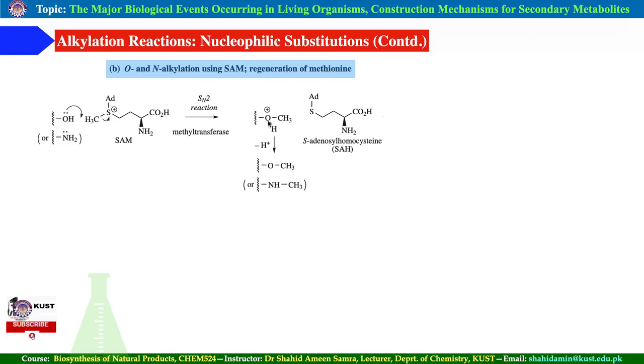So as a result, this oxygen will be a positively charged species. It may lose this proton, and both of these electrons will flow towards oxygen. As a result, we will have the O-methylated product here. Now this O may be attached to any secondary metabolite, and so that way we will have an O-methylated secondary metabolite.